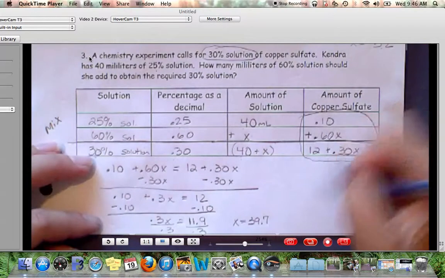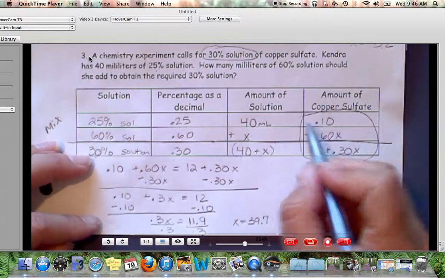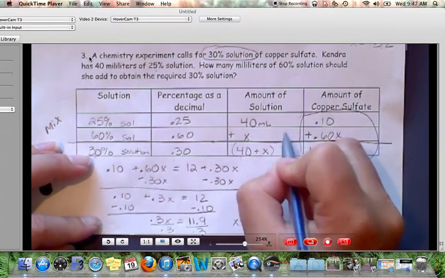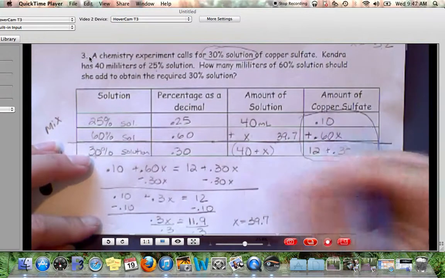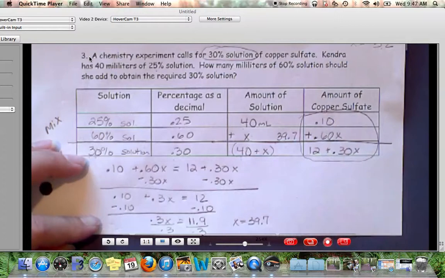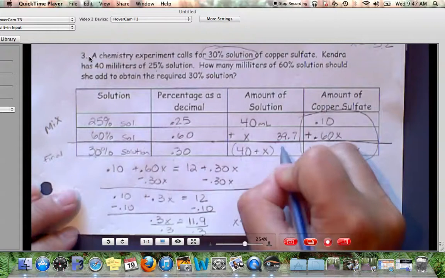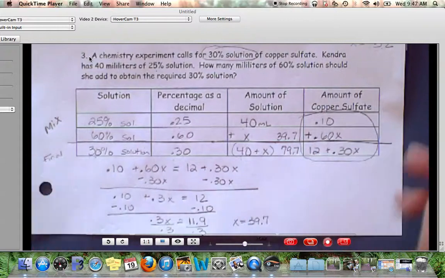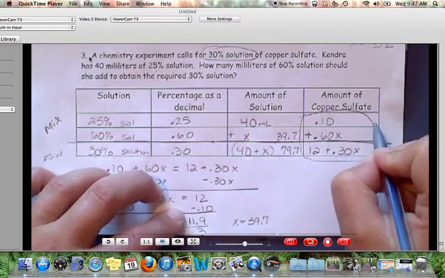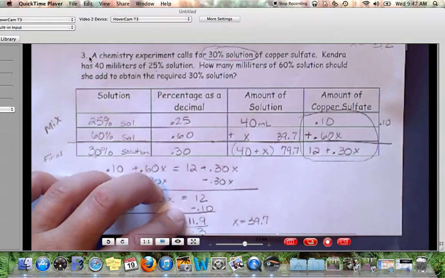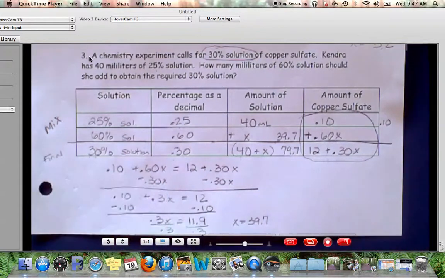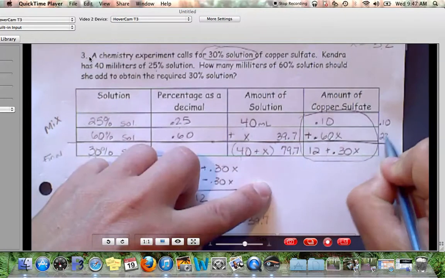So when we plug this back in, if x is 39.7, this would be 39.7. This would be 40 plus 39.7, which would be 79.7. This is still 0.10. 0.60 times 39.7 gives us 23.8.